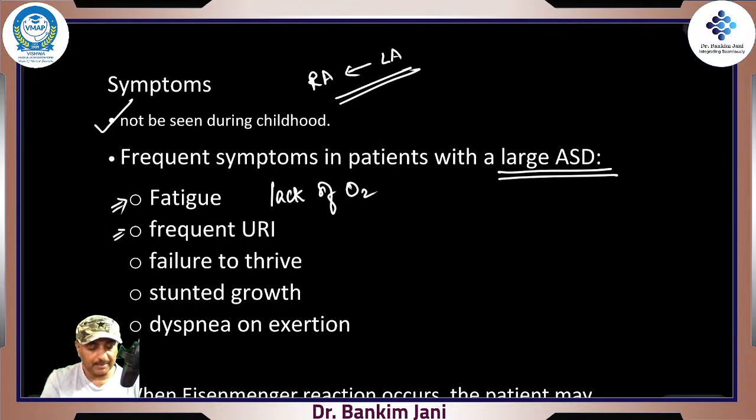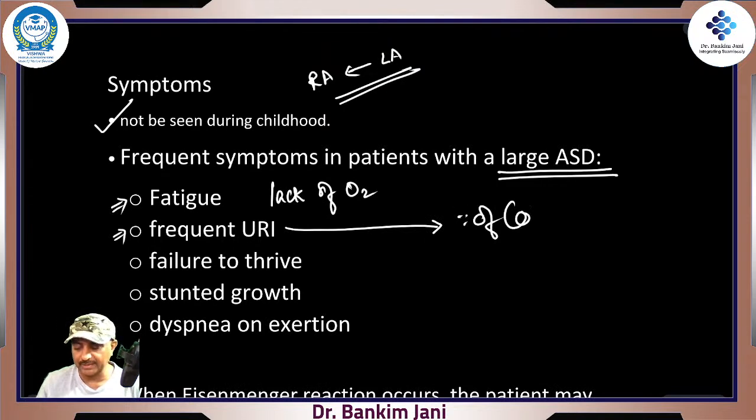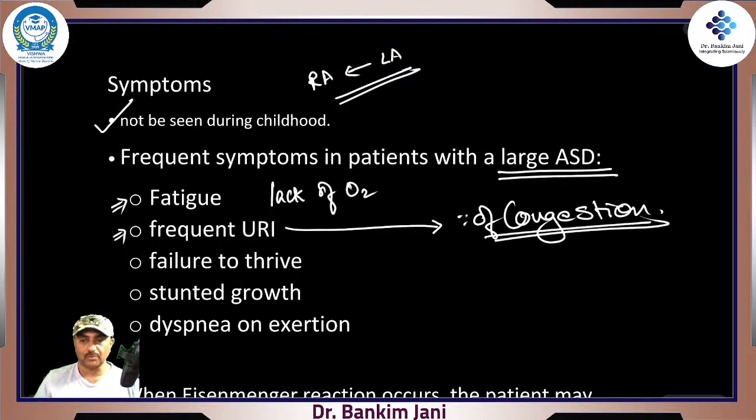Frequent upper respiratory tract infection. Completely makes sense because of congestion, right? It is because of pulmonary congestion. Blood is staying over there and leads to all sorts of infections. Failure to thrive. Thrive means the growth is slowed down, right? Decreased growth or stunted growth.